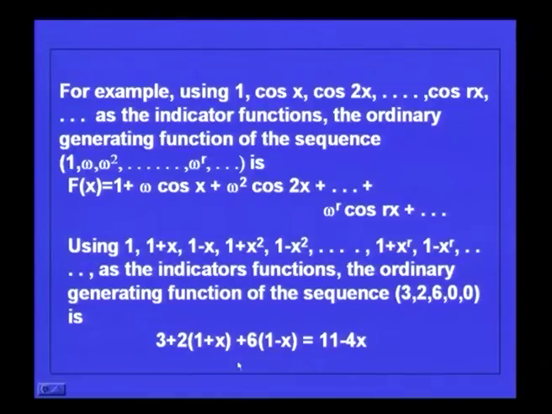If you simplify, this reduces to 3 plus 2 plus 6, 11, and 2x minus 6x gives minus 4x. So the ordinary generating function becomes 11 minus 4x for this particular sequence using these indicator functions. Now, this expression should not represent another sequence for the same set of indicator functions. In that case, it is not advisable to use them as indicator functions.